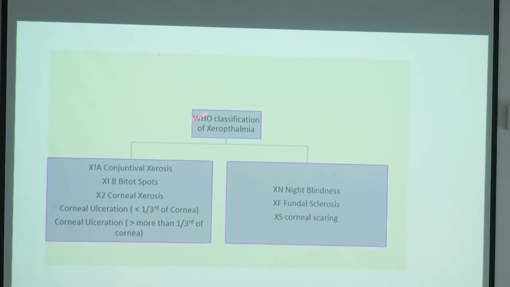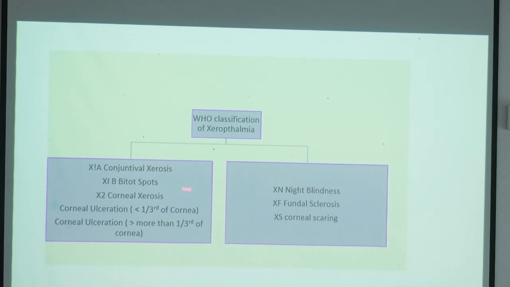Now you see, the first and most important earliest sign is night blindness, definitely. As per the WHO, there are primary changes and secondary changes. What are the primary changes?